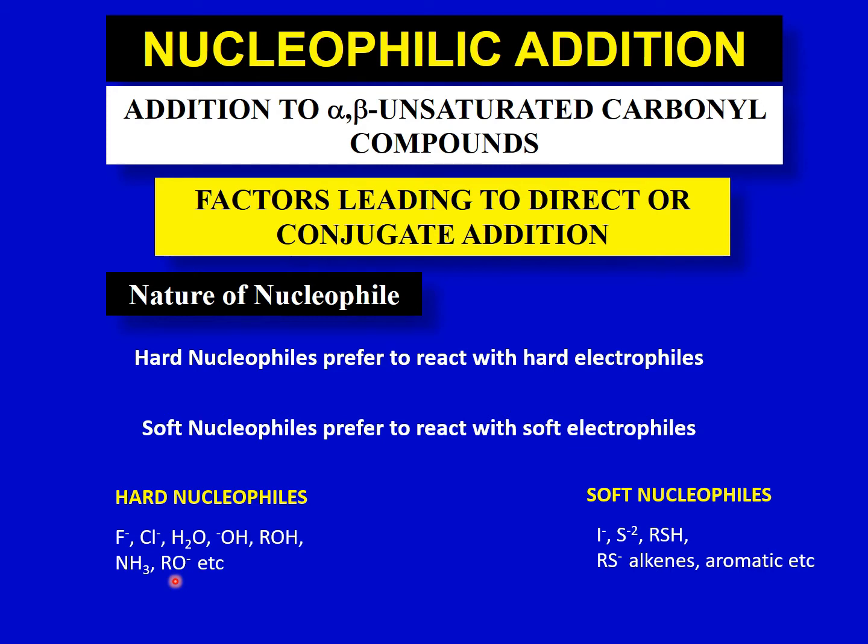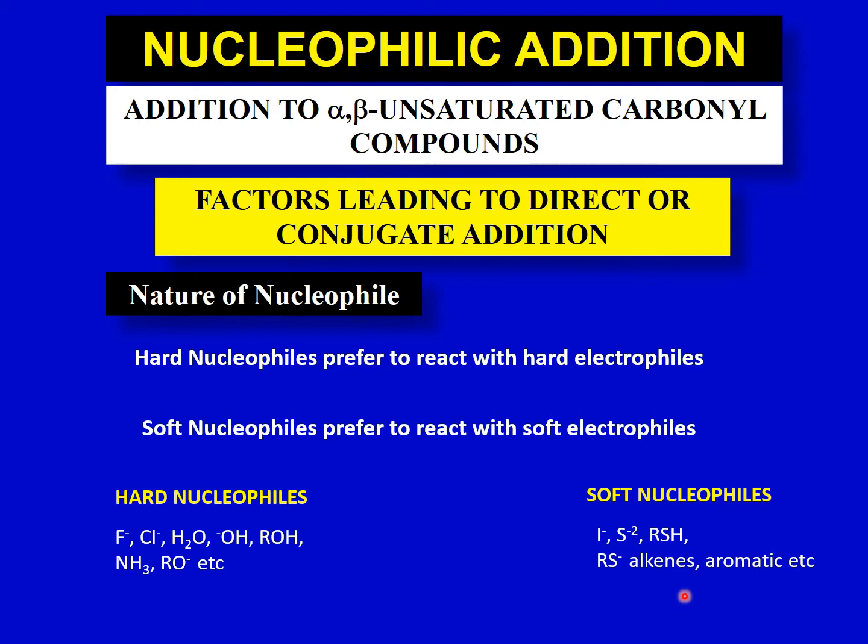Similarly, on the right hand side, you can see the iodide ion with a larger size and the same charge as that of the fluoride ion, but because the charge can easily be accommodated because of the larger size of the iodide, the charge density is lower and the polarizability is also higher. And then we have the sulfide ion, the thiols, alkenes, aromatic species. They all act as soft nucleophiles.